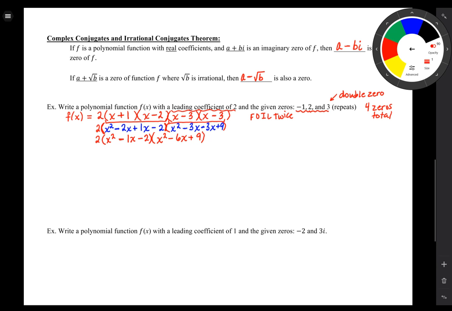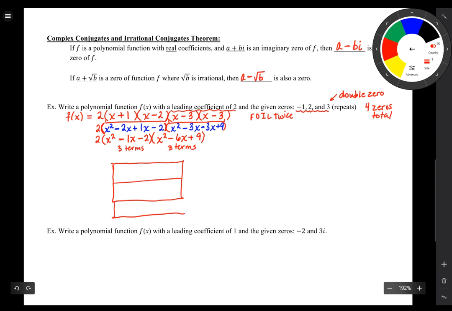At this point, I would use the box method to multiply the 3 terms by 3 terms. So your size box is going to be a 3 by 3. Oops. Oh, that's a terrible looking box.